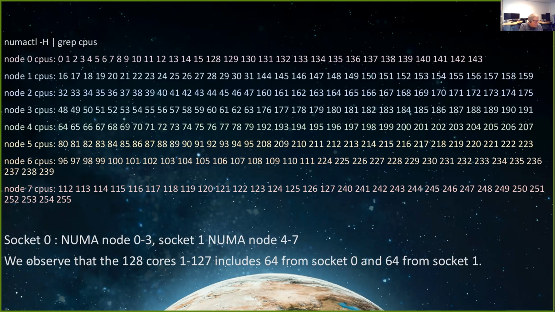This is a map of how the cores are laid out, and there are 2 threads per core on the Betzy systems, because they go all the way up to 256. You can also see which cores are attached to which memory.